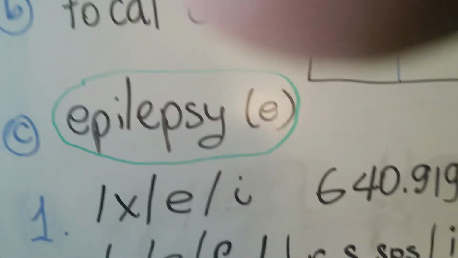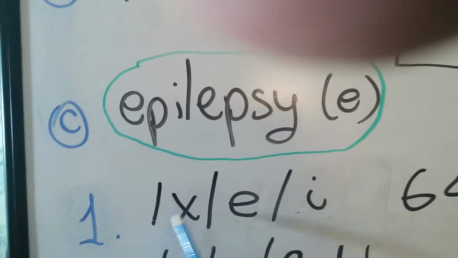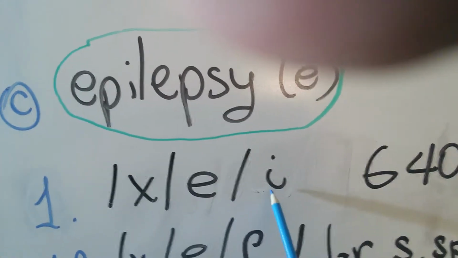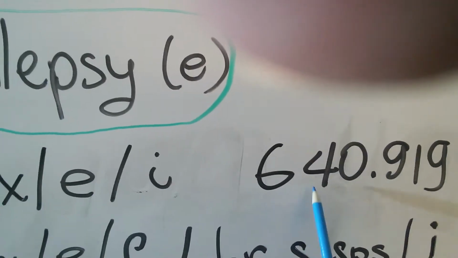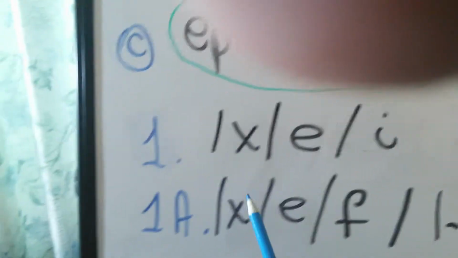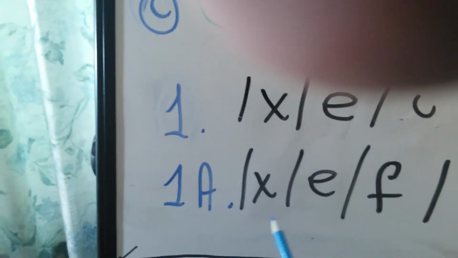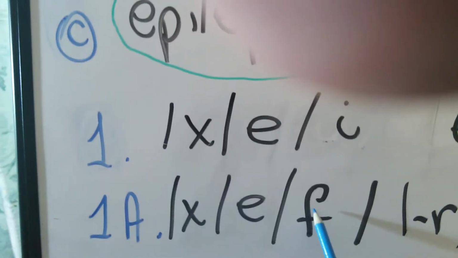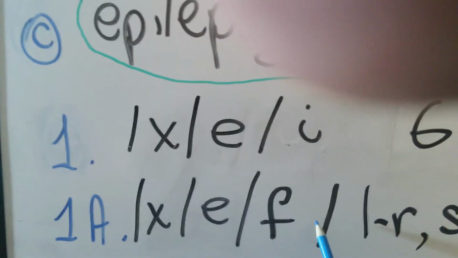Now let's review what we've done so far. The first thing we did was go to the index, then to epilepsy, then to intractable, which is one of our keywords, and we couldn't go any further. So the code we get here is G40.919. That wasn't that good. The second path, we went to the index, to epilepsy, and from there to focal. And from there we have a lot of instructions.